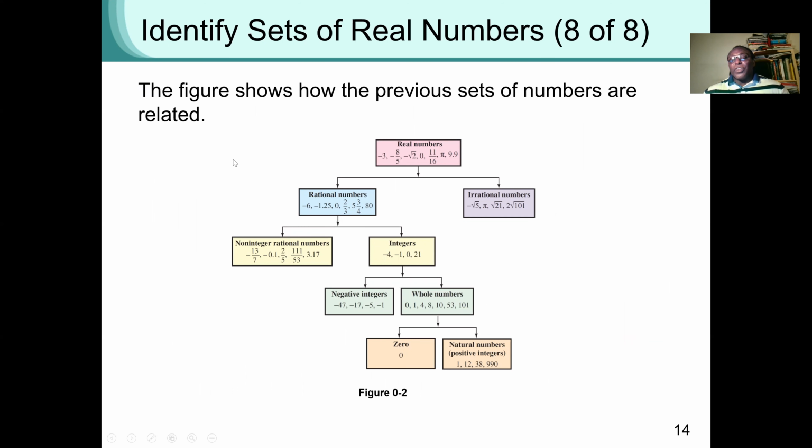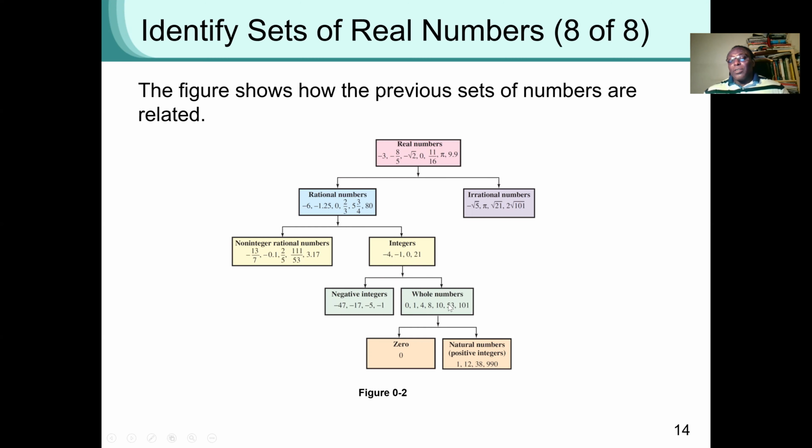The figure here shows all the different types of number systems. We can see examples of real numbers, rational numbers, irrational numbers, integers. Integers can be both positive and negative, including 0. Then non-integer rational numbers, where we make sure the denominator is not 0.